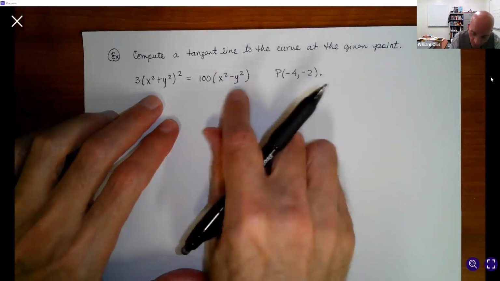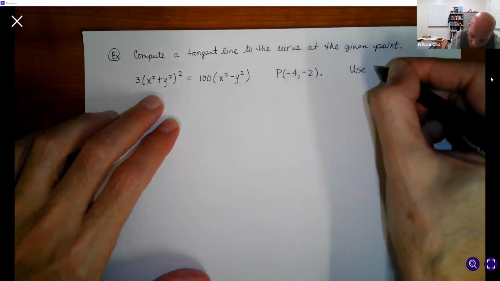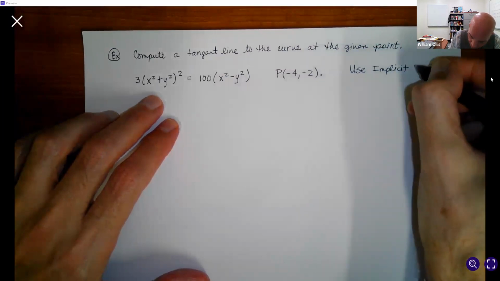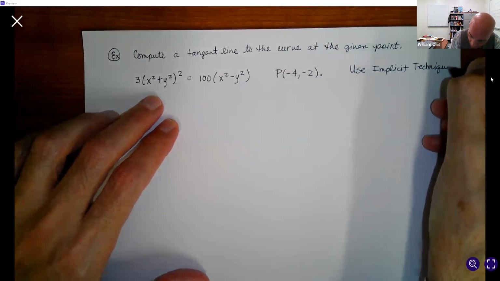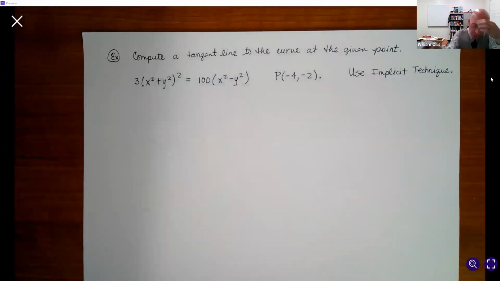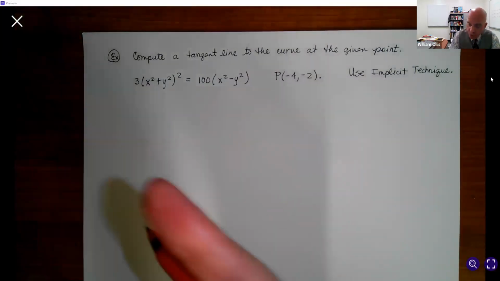Now, what we want to do is just use the implicit technique. Now, and again, just for convenience, we need the equation of a tangent line to the curve.